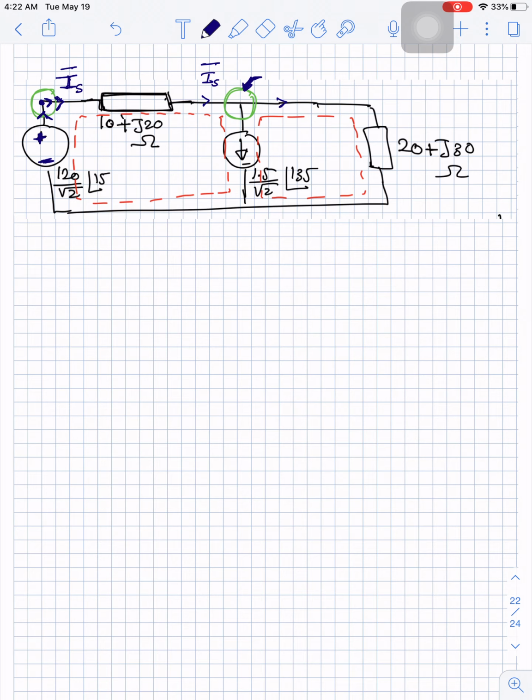This will reduce our variables from 4 unknowns into just 2 unknowns, because already we used the equation for KCL at this node. So instead of defining one current here and another current here, we said these two are the same. And this current here is simply I source minus 1.5 divided by root 2 with an angle 135. So I source is entering, we are subtracting or losing part of it here. This is the remaining one.